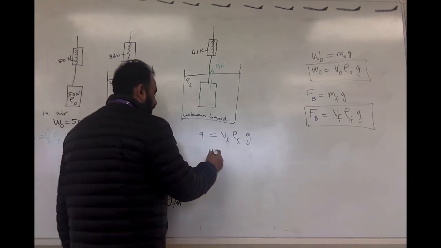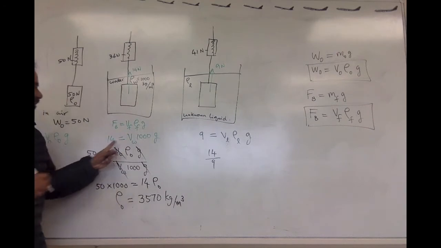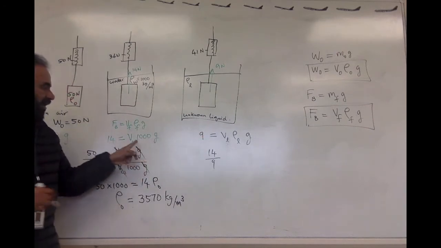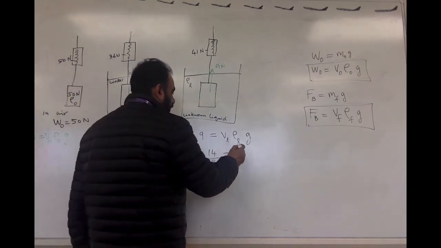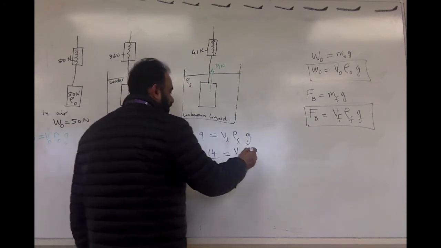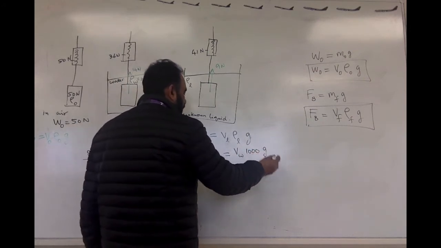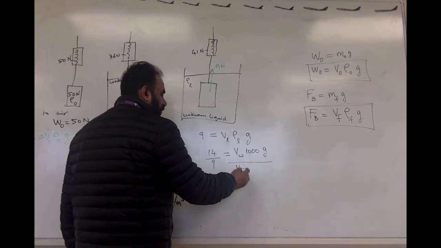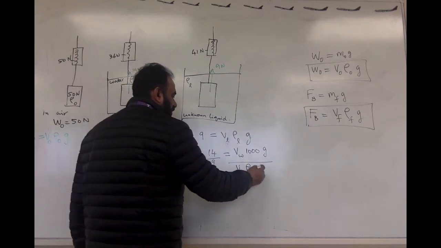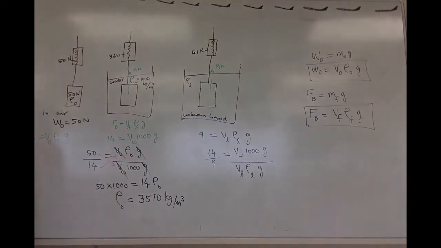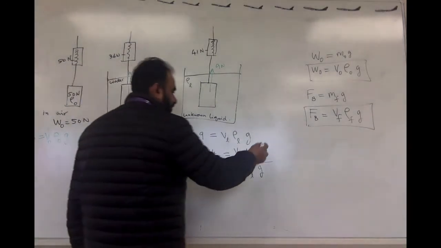So 14 divided by 9. I'm dividing this equation by that equation. 14 divided by 9 is volume of water times 1,000 times g divided by volume of liquid times density of liquid times gravity. So what can we cancel?